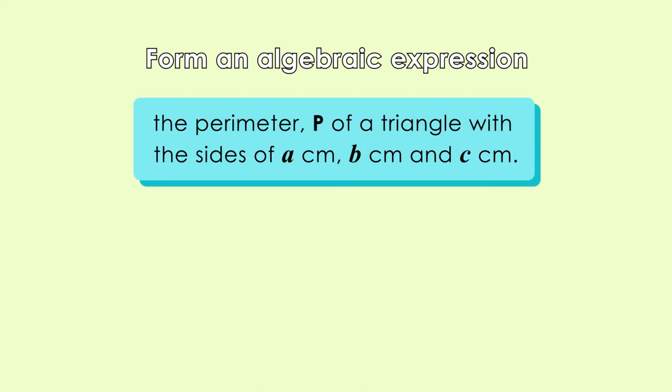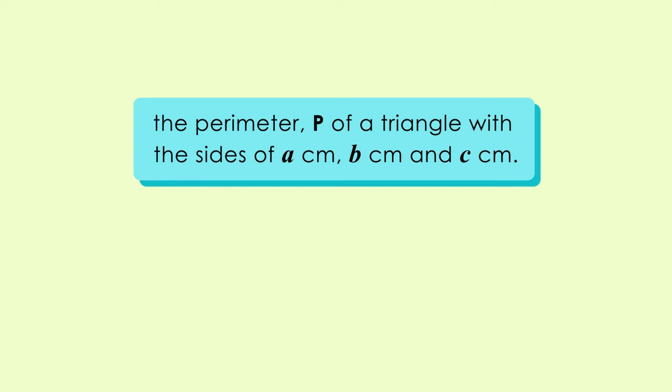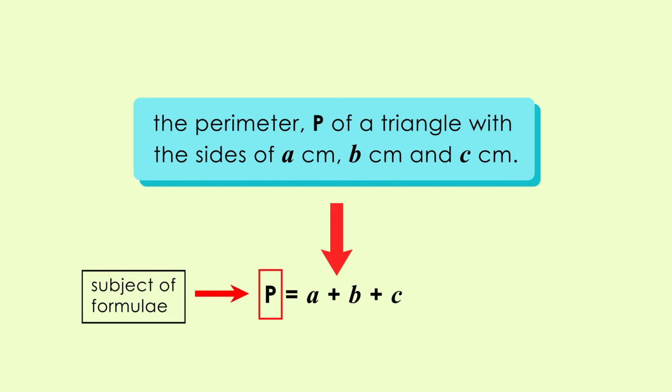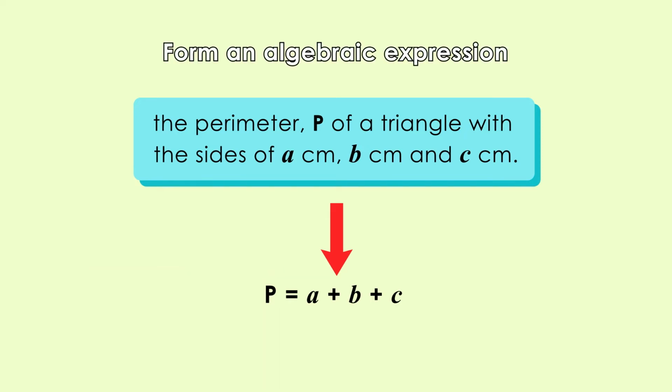The perimeter P of a triangle with the sides of A centimeter, B centimeter and C centimeter. The algebraic formula is P equals A plus B plus C. Here, P is the subject of the formula. Girls and boys, we have just learned how to form algebraic formula.